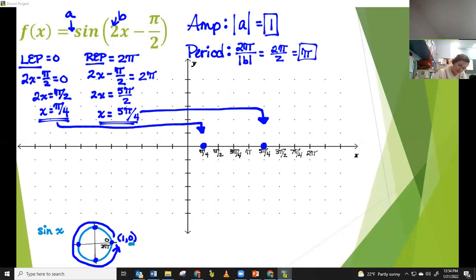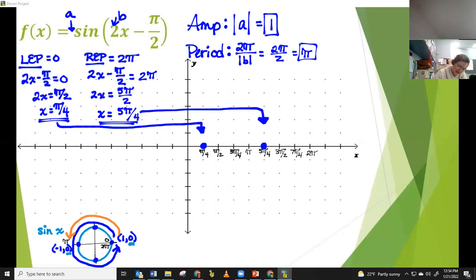Over here at pi, I'm at -1, 0, and that's halfway around the unit circle. So if I go halfway around the unit circle, my sine value comes back to 0.